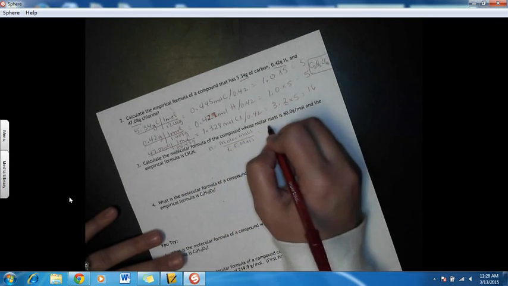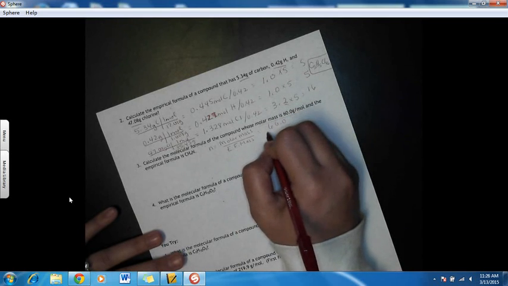Here we get 60 grams per mole as our molar mass, divided by the mass of our empirical formula. So we add up this mass. We have 1 carbon at 12.01, plus 4 hydrogens, each at 1.008, plus 1 nitrogen at 14.01, and we get 30.05.